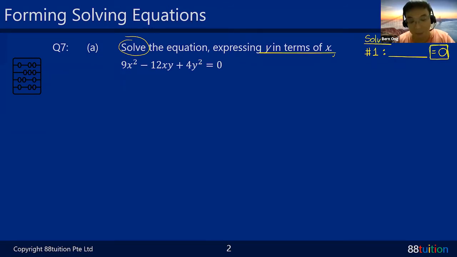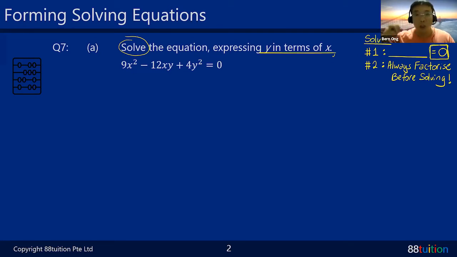So the equation must be equal to 0. And the second thing you need to take note of is what? Always factorize before solving. All right. So these are the two important things you're supposed to do when the question asks you to solve.